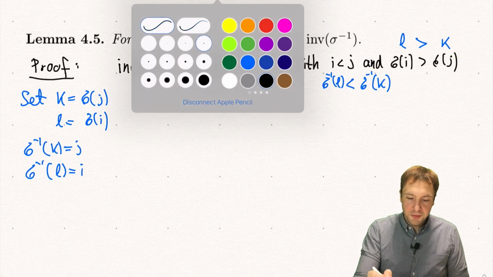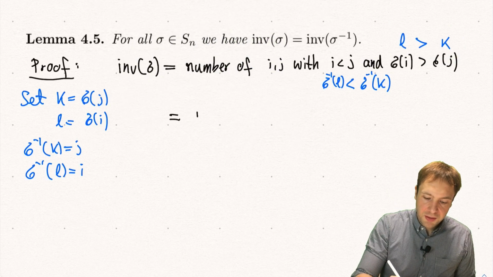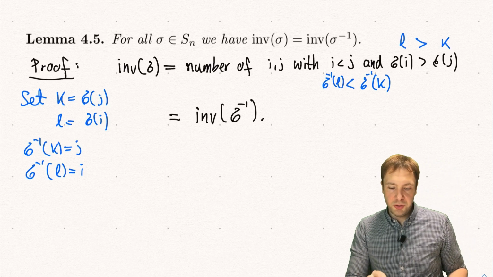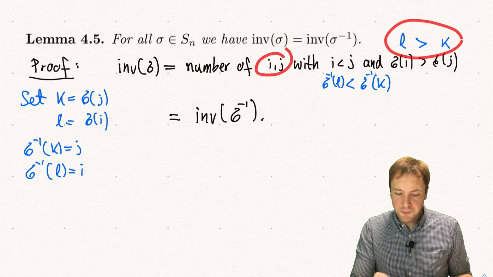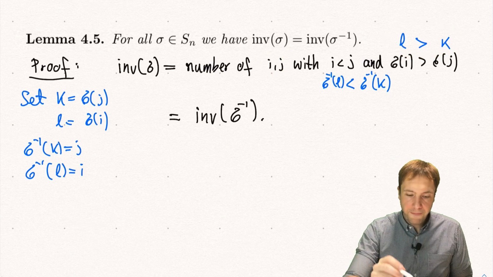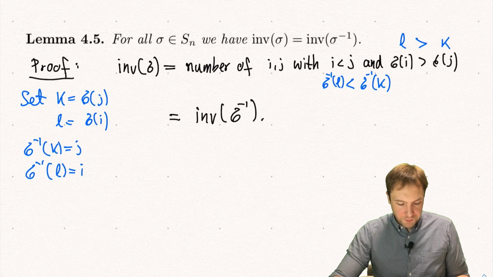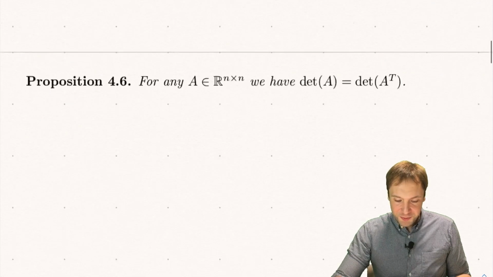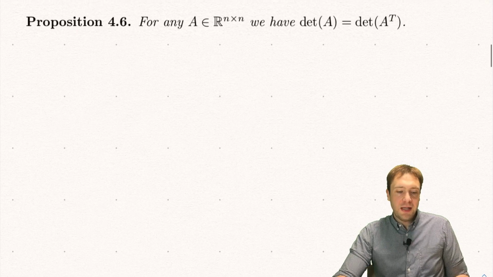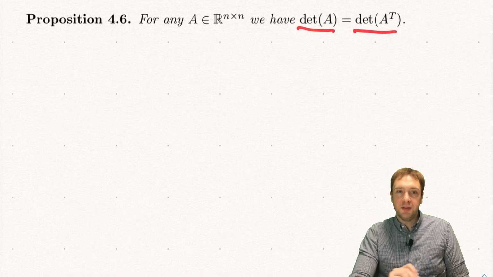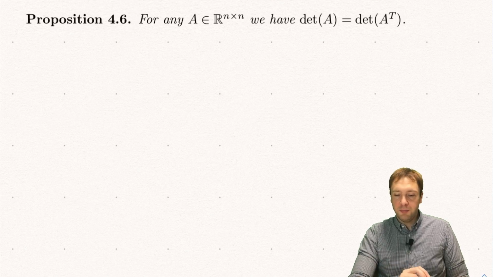Therefore, this is exactly the same as the number of inversions of sigma inverse, because it's just a renaming of these variables. Okay, and we want to use this to prove the following, namely that if we have a matrix A, then the determinant of A equals the determinant of A transpose.